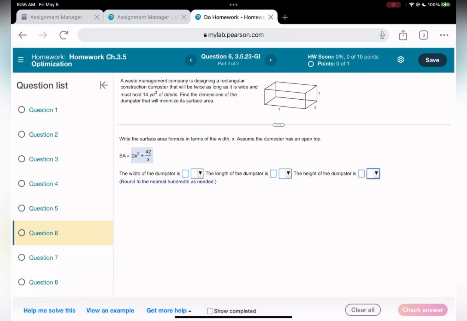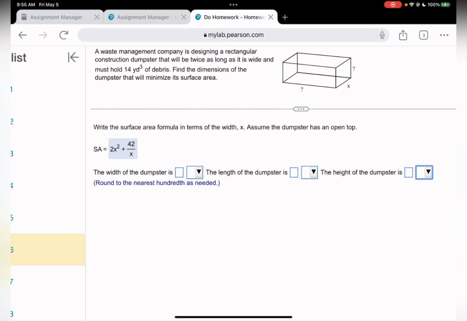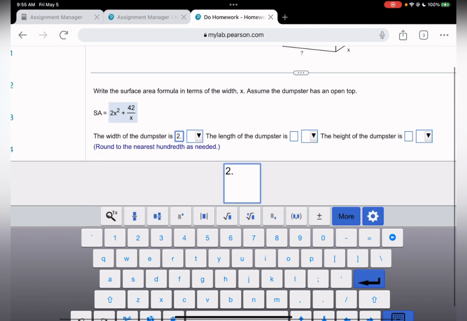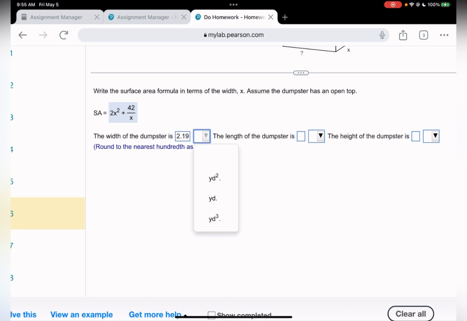Check final. And now we will enter dimensions. So what do we have? Our width is x, which is going to be 2.19, measured in yards.